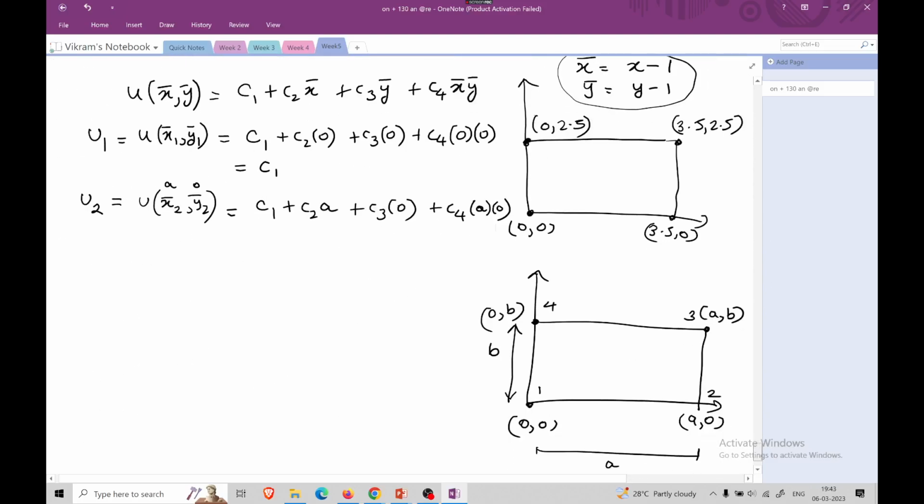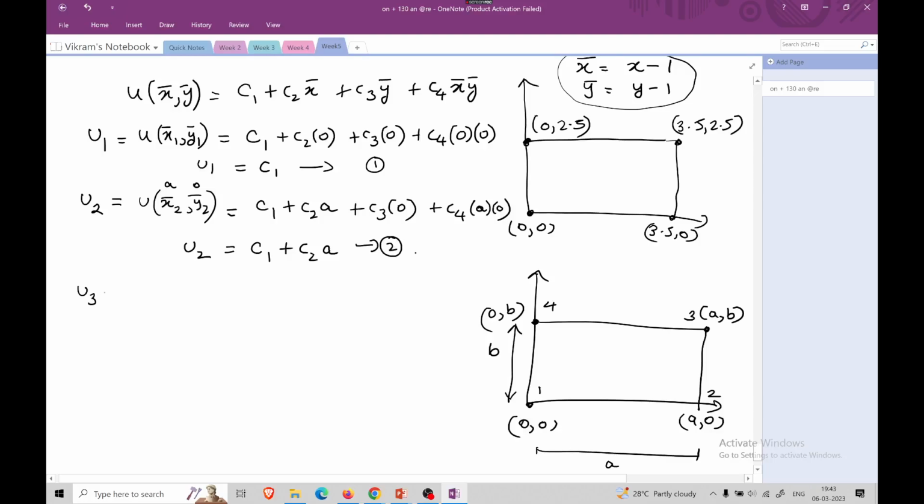But here, since there are 4 unknowns, it will be more tough to solve. A 4 cross 4 matrix will be difficult to invert. So for that alone I simplified this. So this is going to be C1 plus C2a equals u2. This is my first equation, this is my second equation.